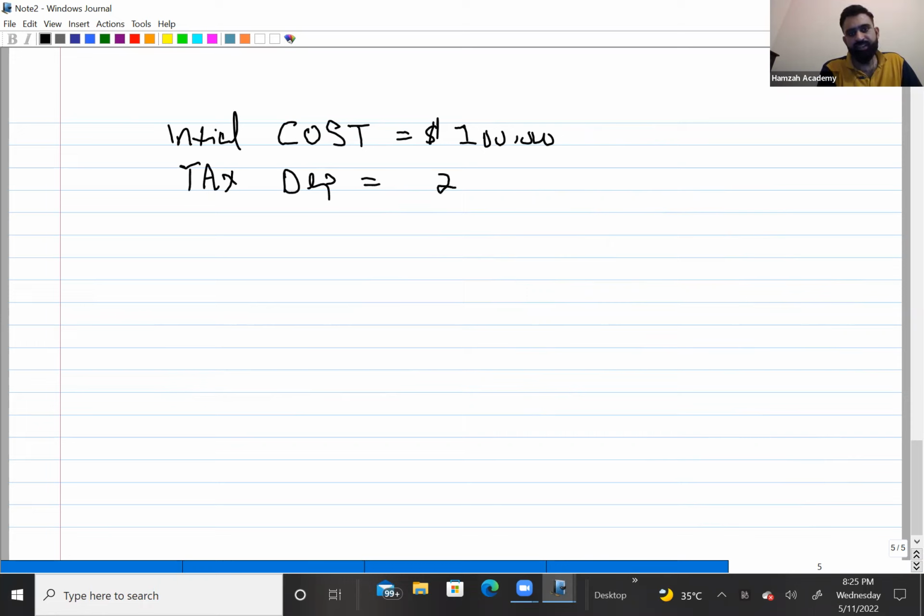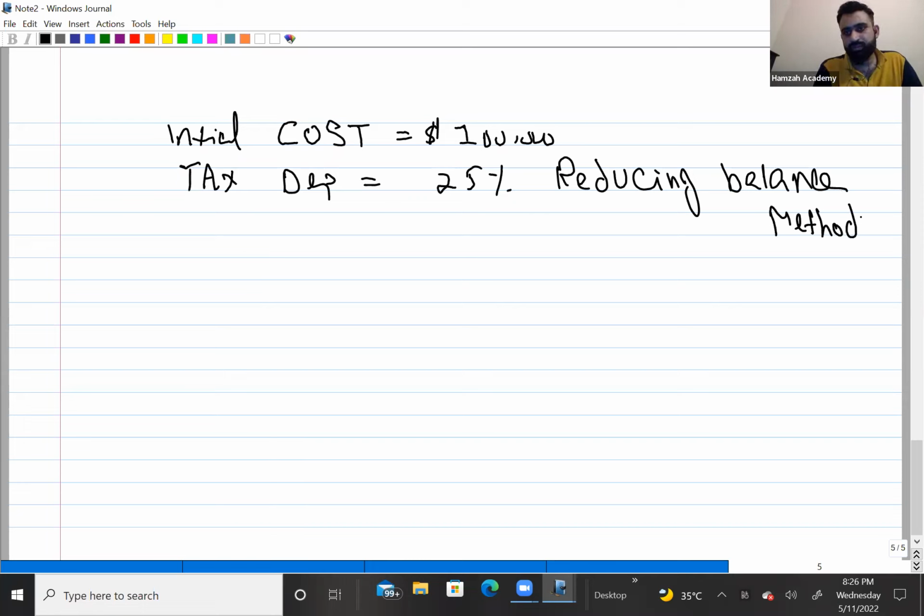Tax depreciation is 25%, reducing balance method.